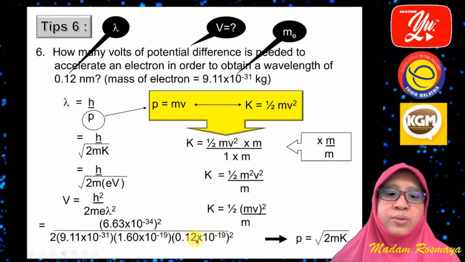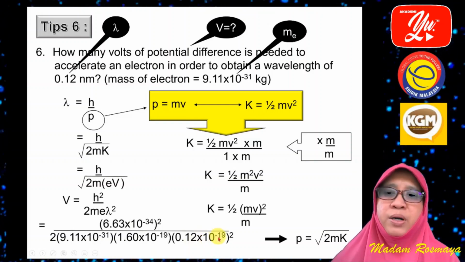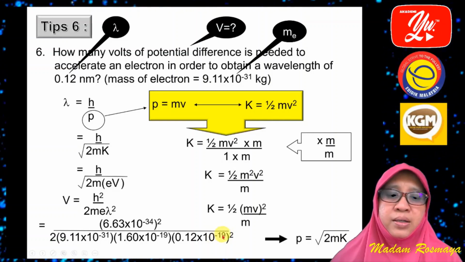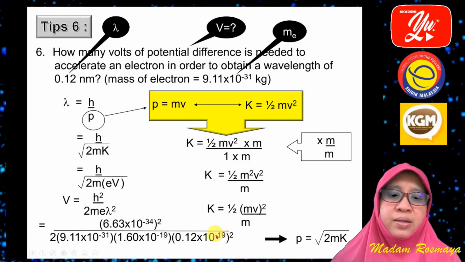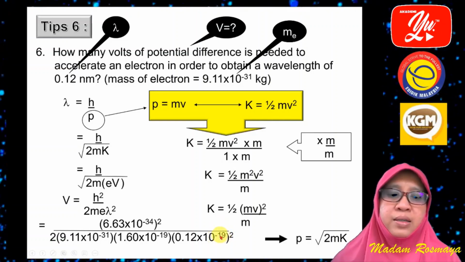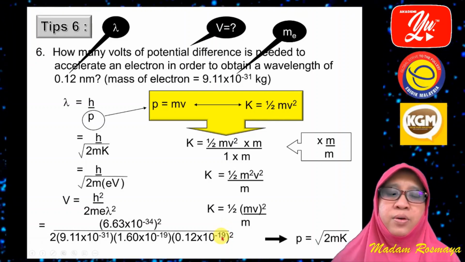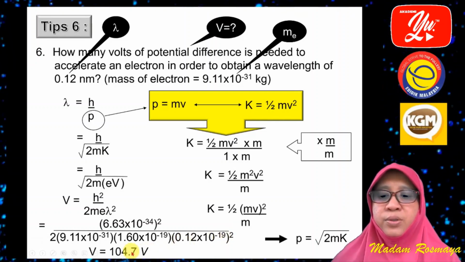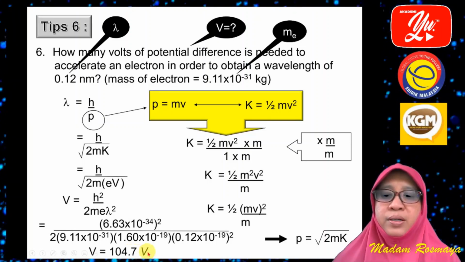So 0.12 times 10 to the power of 9 here. There's a typing mistake here: not negative 19, but negative 9 to convert to meter. So you get the answer V equals 104.7 volt.